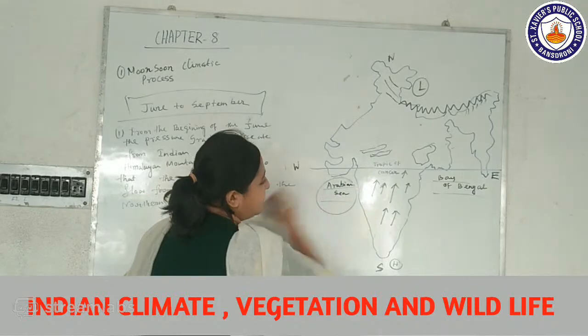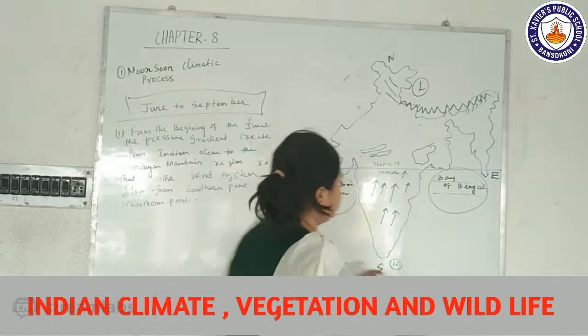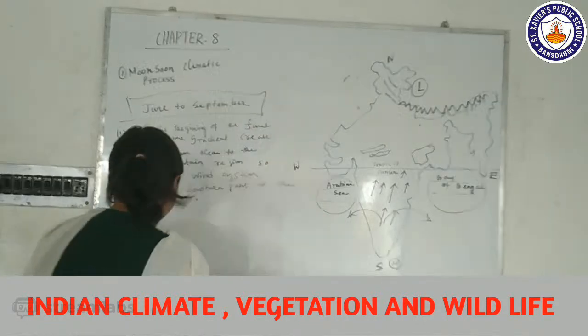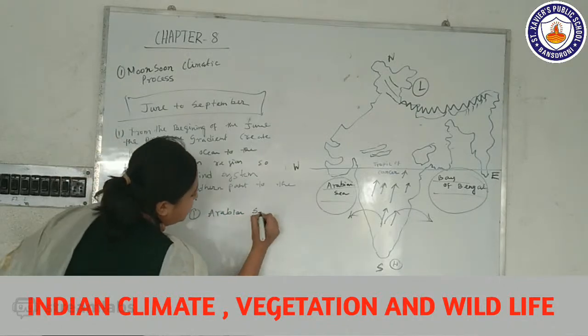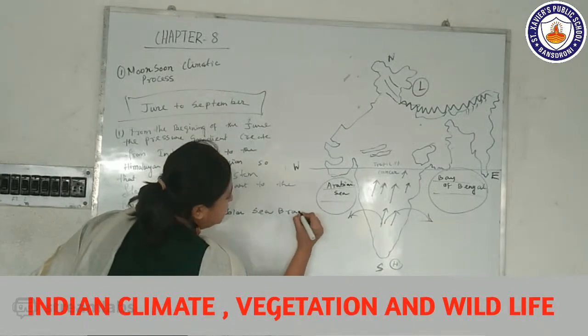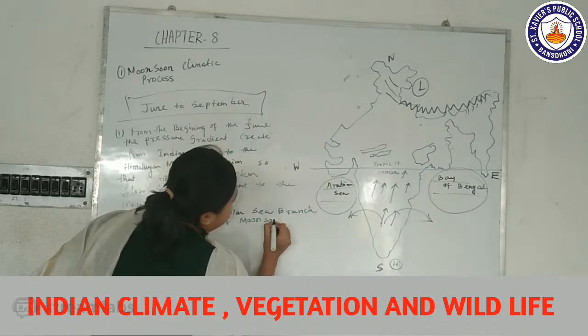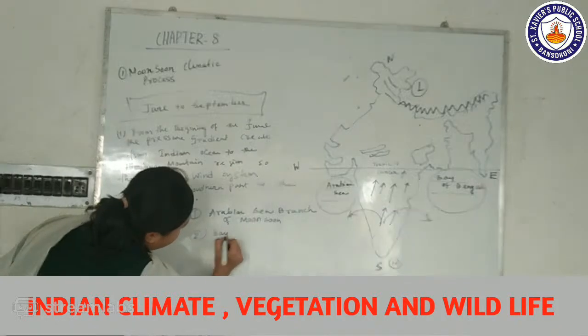Number one is the Arabian Sea branch of monsoon, right? And the second one is the Bay of Bengal branch of monsoon.